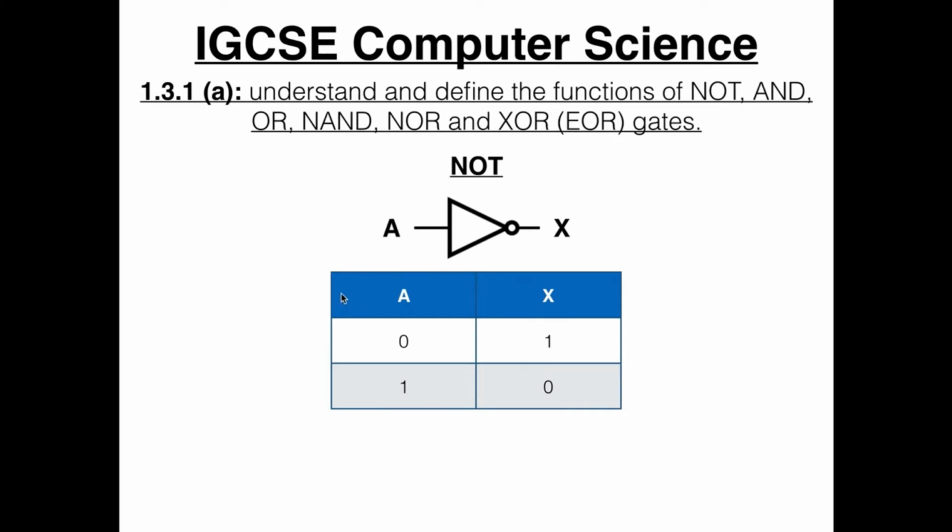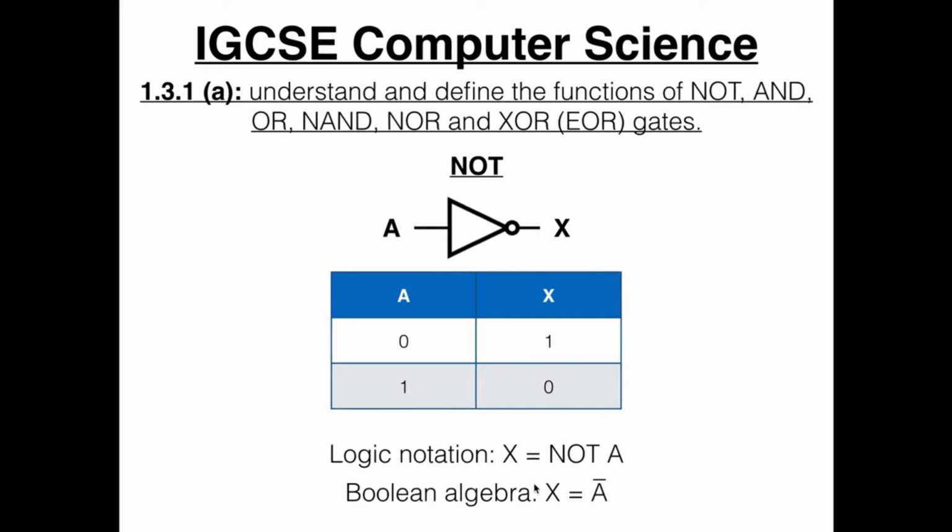There's also logic notation for every gate actually, but this is the one for this gate, so it's NOT A. And then there's Boolean algebra, which is this. So you're going to have to know both of these for the exam as well. And we'll get back to using these when we look at logic circuits, as these will become a little more complex.